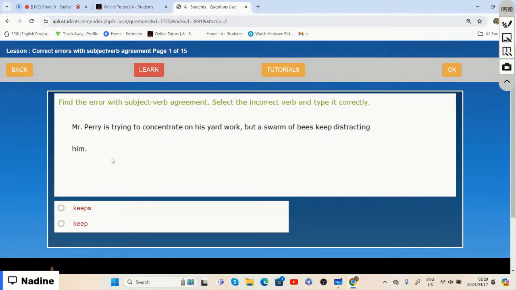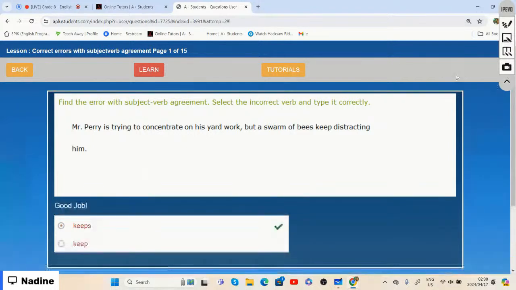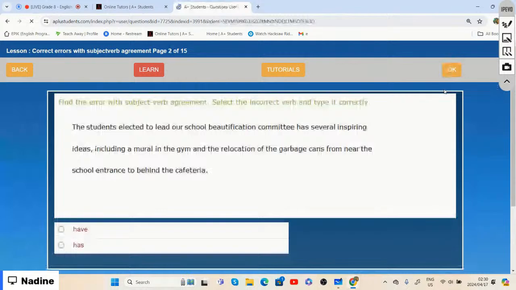Since it is a singular subject, we're going to say Mr. Perry is trying to concentrate on his work, but a swarm of bees keeps distracting him, right? Because a singular subject takes a singular verb, and it ends with an S.